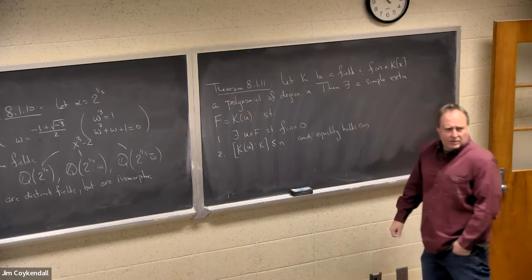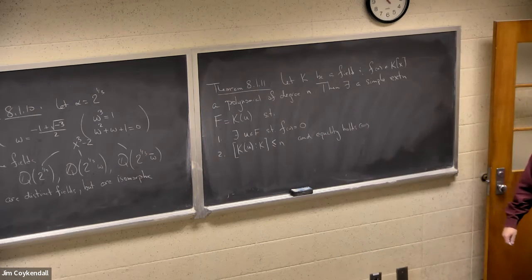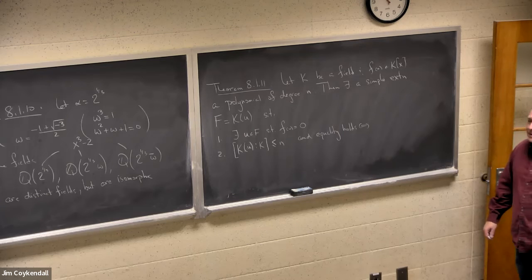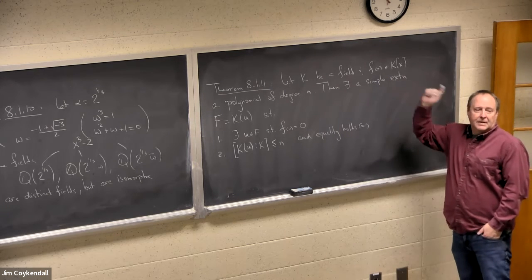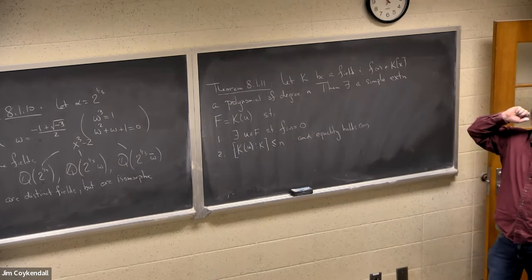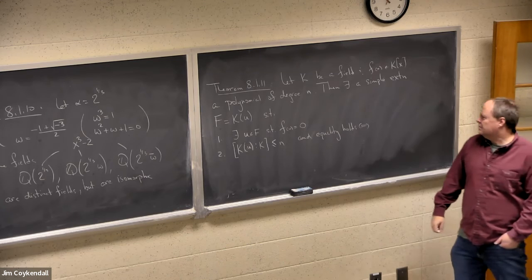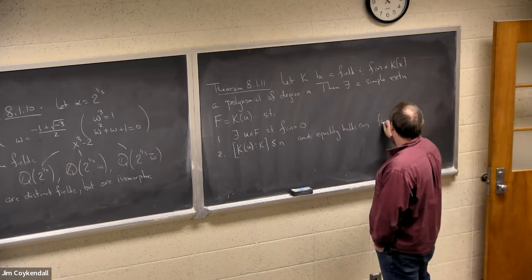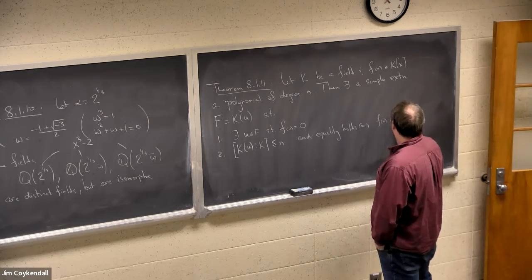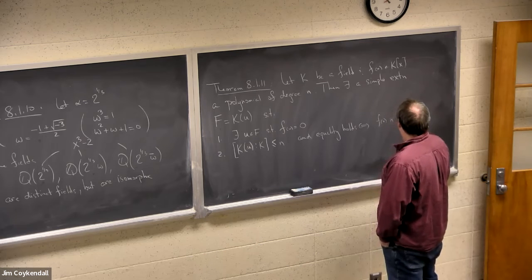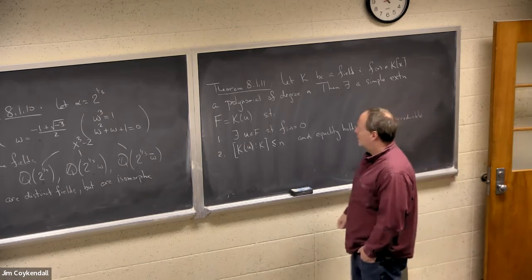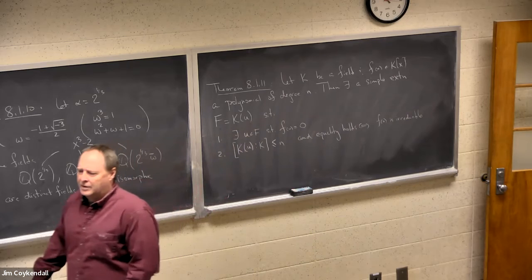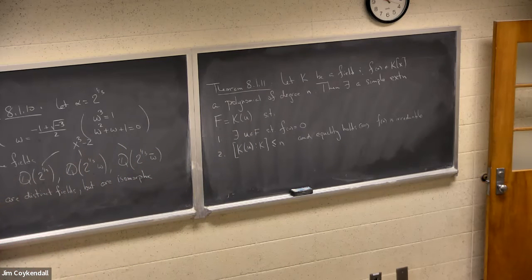Anybody want to guess the condition you need for equality here? A condition maybe on little f. So the degree of the extension is less than or equal to n, and equality holds, the degree is n, if and only if f is irreducible.